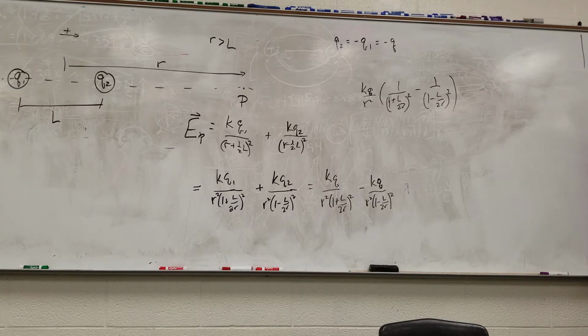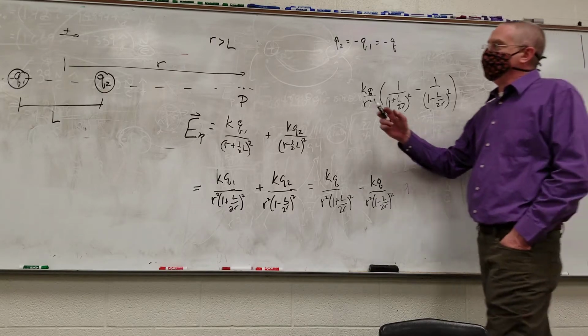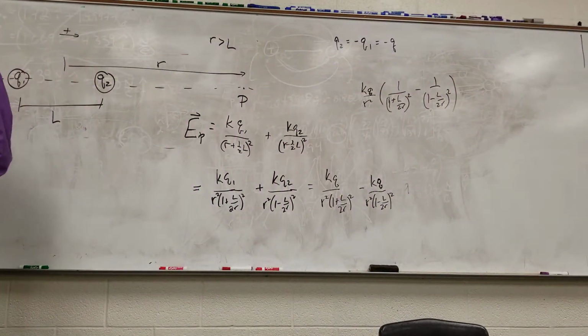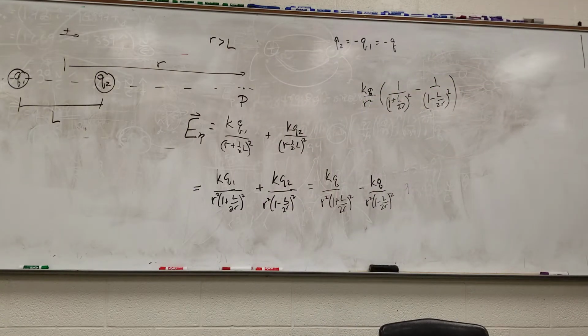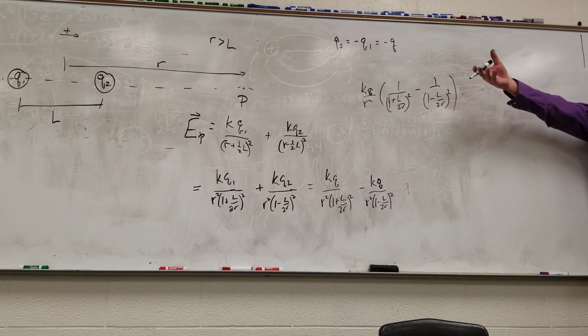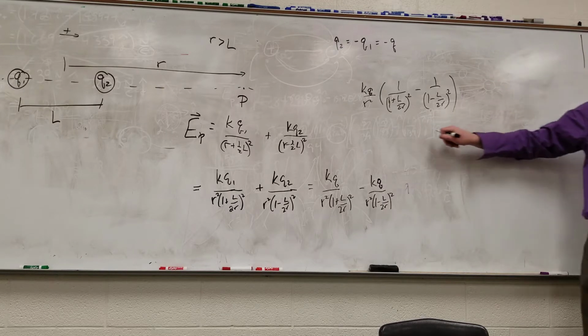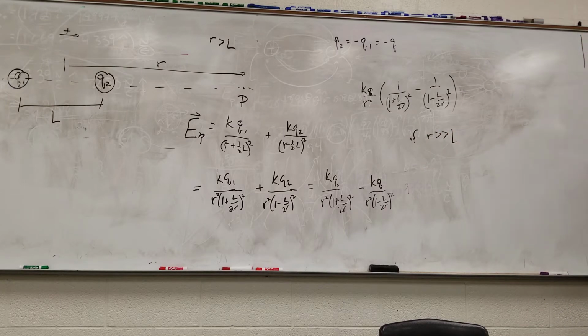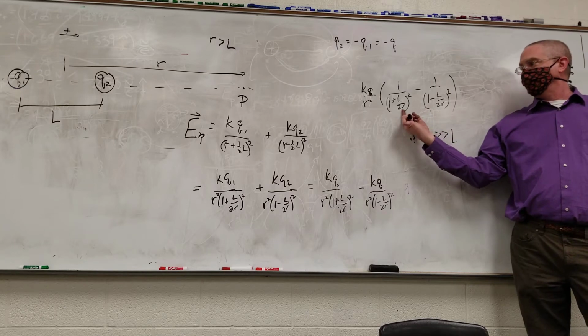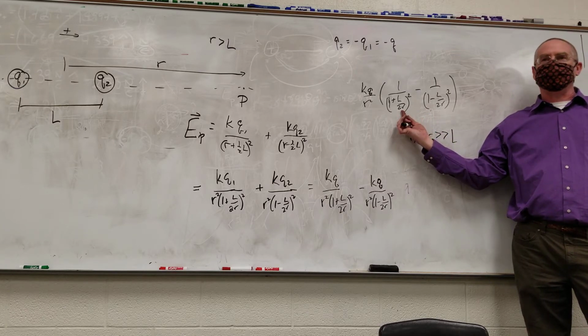Now, if L were tiny, so we're talking nanometers, and R were huge, as in terms of meters. In other words, if I had my two charges that were opposite of each other sitting over there near the pencil sharpener, and I'm standing over here, I am far enough away that the distinction in the distance from me to each charge is negligible. So if I am far enough away, in other words, if R is much bigger than L, this term goes to practically zero, it becomes insignificant.